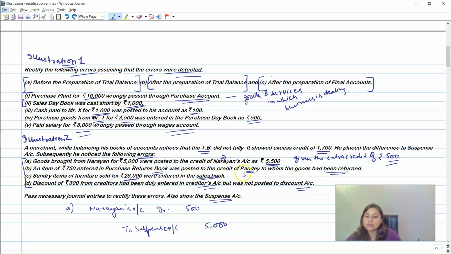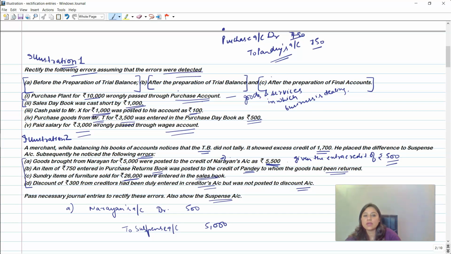Because of the goods that have been returned. So for instance, the goods have been bought from Pandey. So when the goods have been bought, what would be the entry? Purchase account would be debited, and since we have bought those goods from Pandey, Pandey's account would be credited with 750, right?